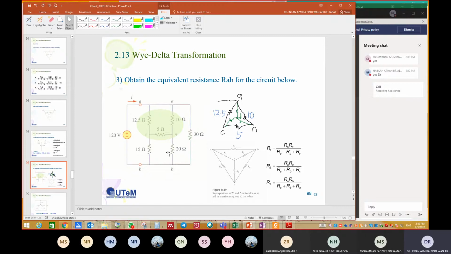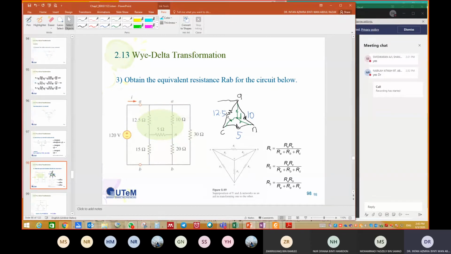Let's say we transform this delta connection to Y connection, the highlighted area here. Actually this is a delta connection. This is A, and at A we have 12.5.